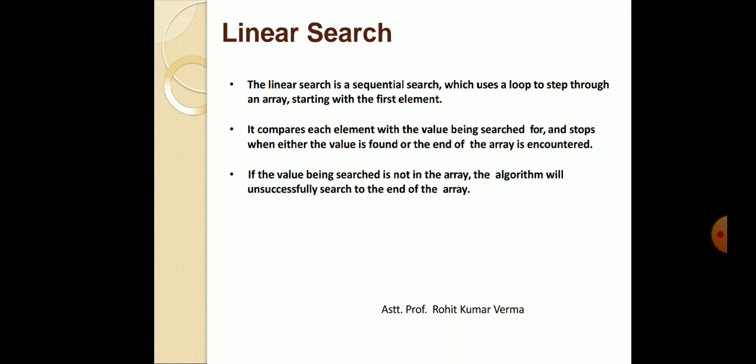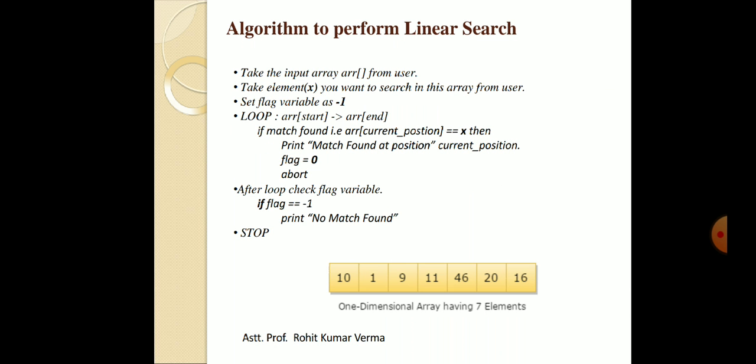So this is the concept behind linear search. Now we can learn the algorithm for linear search. So dear students, this is the algorithm that performs linear search. Now we can learn this algorithm with the help of this example.